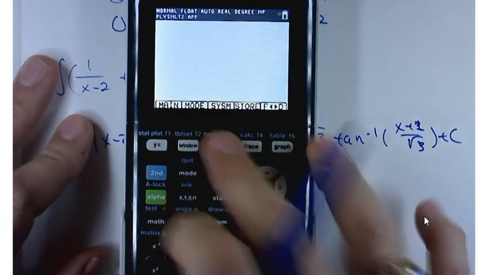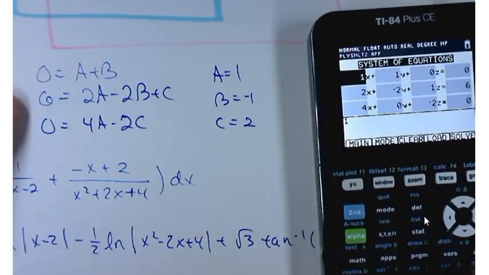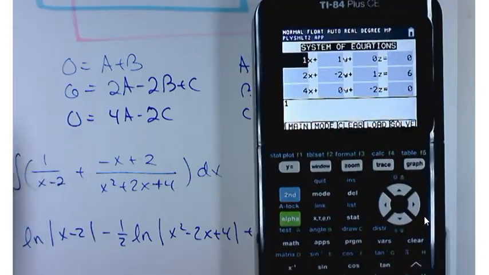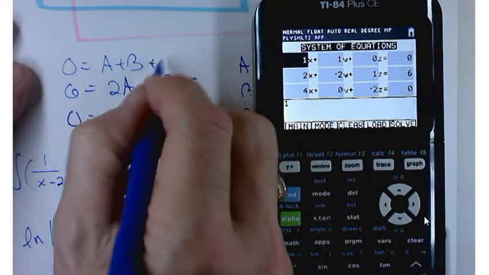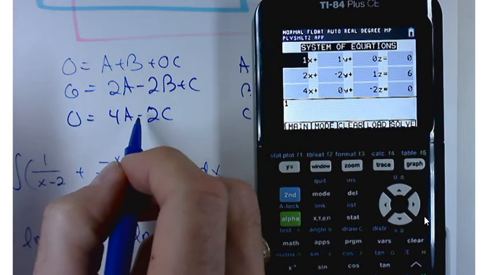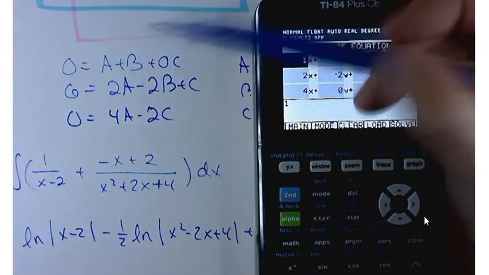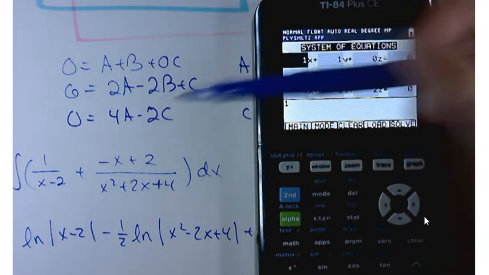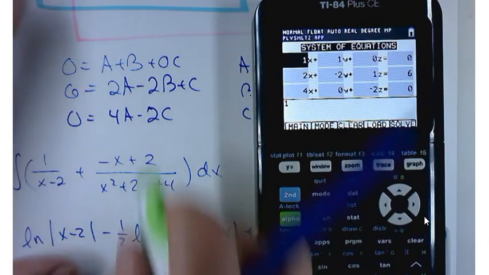Let's see, system. So you plug in 1x, you make a 3 by 3. Basically regarding it as being plus 0c, and then you've got a 0b here. So the coefficients here are really the coefficients here. Let me see if I can clean this up a little for you.